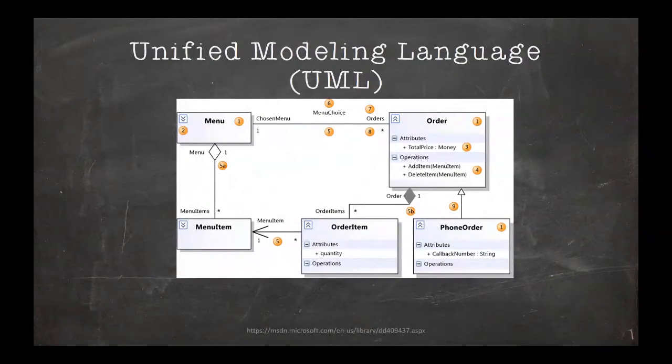So the Unified Modeling Language, often known as UML, consists of a number of methods and diagrams for abstracting your code in such a way that you can understand the metacode, or what's going on outside of the implementation.